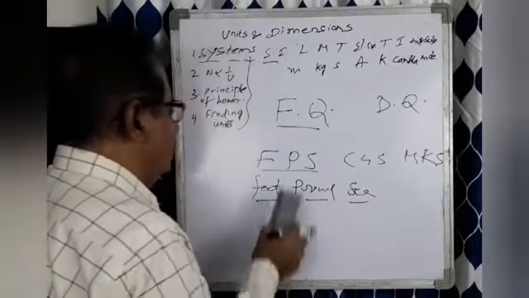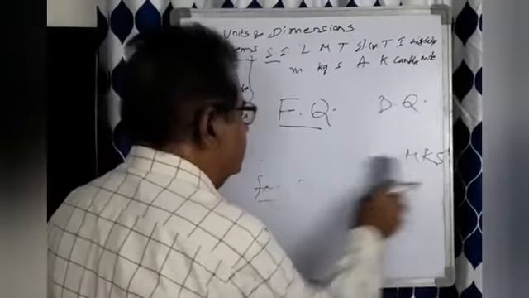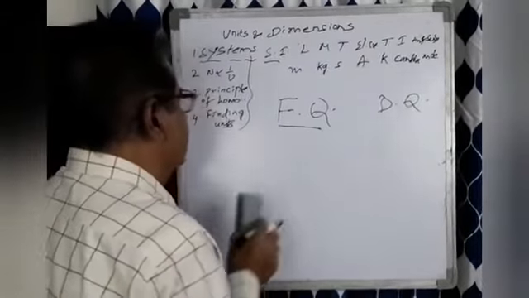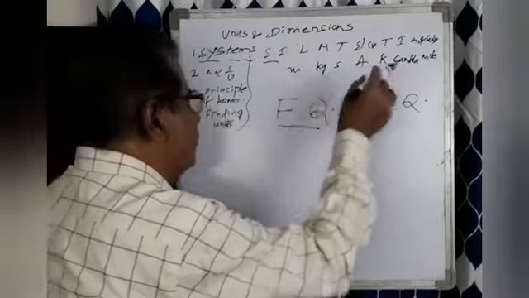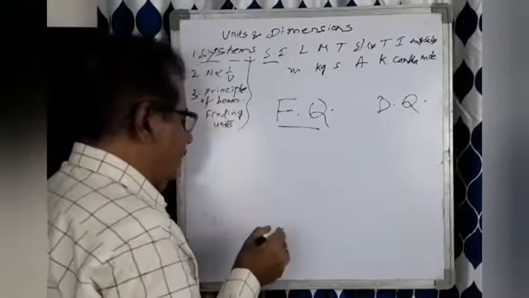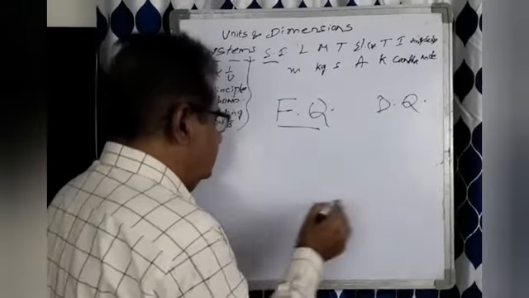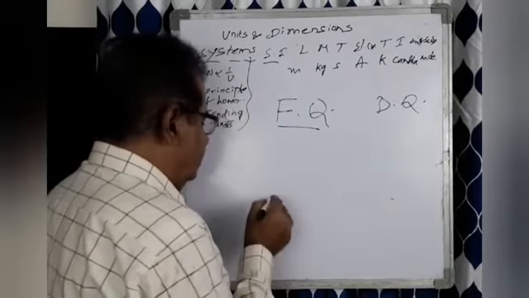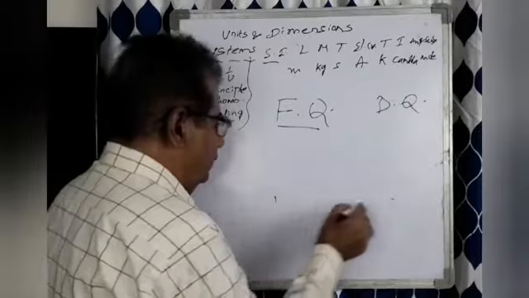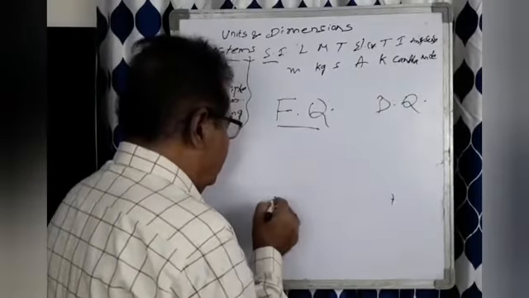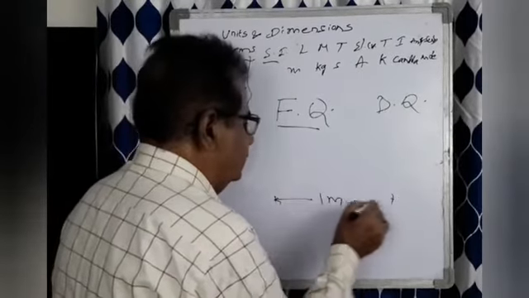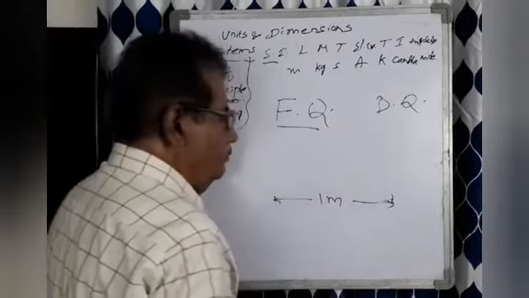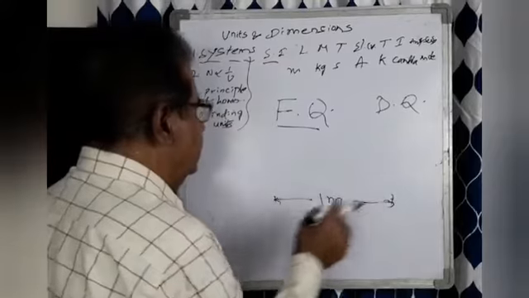But now let us come to this SI system. In the SI system, the definitions are given more accurately. Previously, 1 meter was defined as the distance between 2 points marked on a platinum iridium bar kept at the board of weights and measures, Paris. But that is not so accurate a definition, because accuracy is very less.